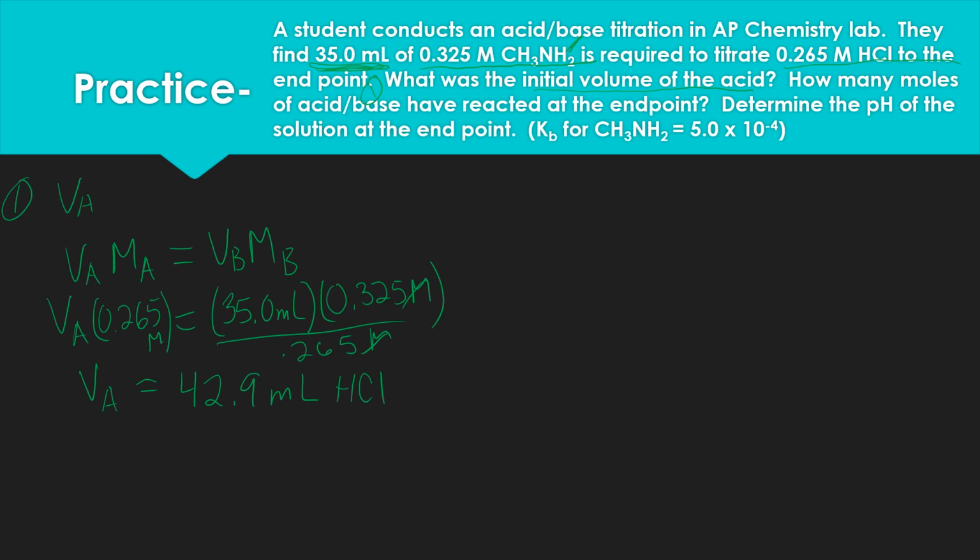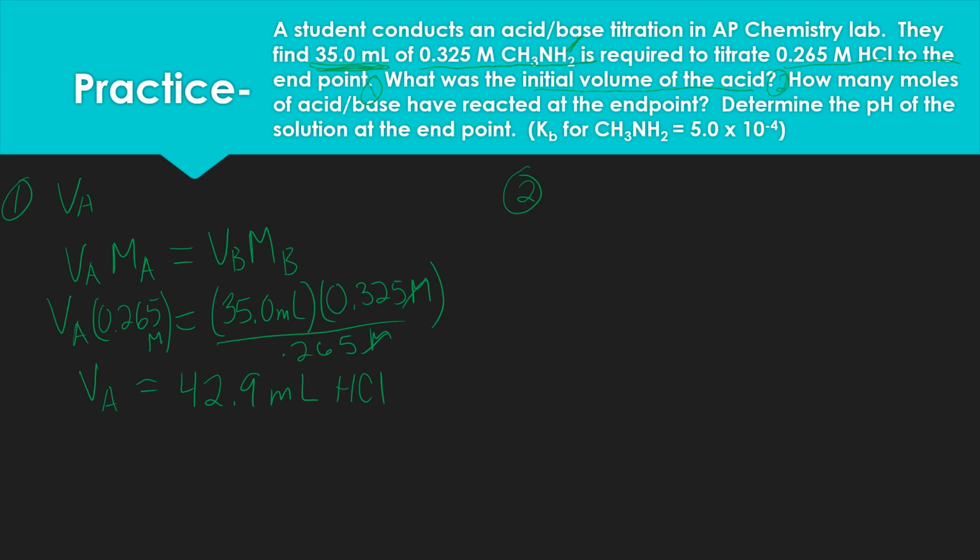All right, let's take a look at the second question up here. It says, how many moles of acid and base have reacted at the endpoint? Well, if we want to find our moles of acid or our moles of base at that endpoint, then we just need to do a volume times a molarity. We can do it for either chemical. I tend to use the one I'm given both values for just because we have them, but you can use either one.